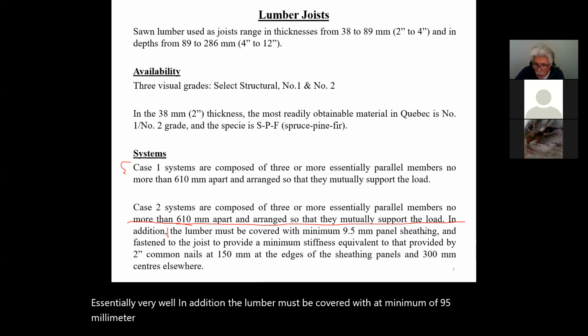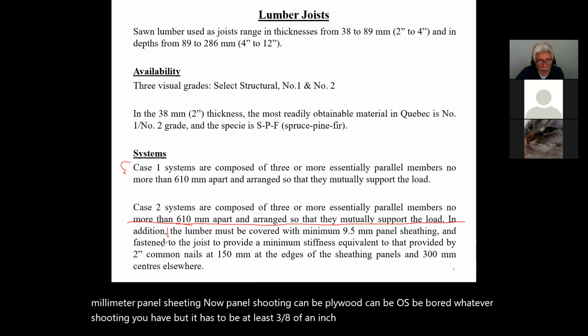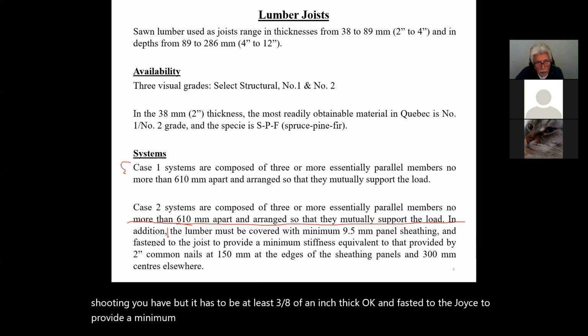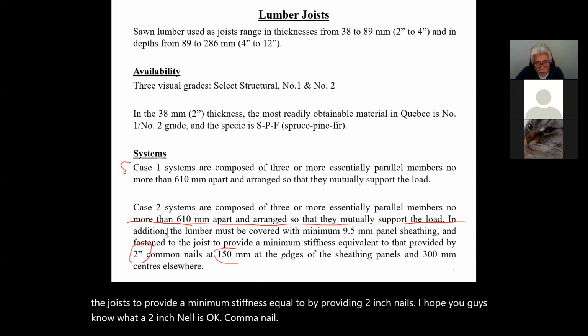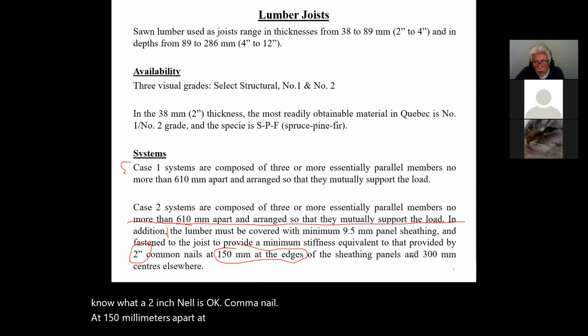Panel sheeting can be plywood, can be OSB board, whatever sheeting you have, but it has to be at least 3/8 of an inch thick, and fastened to the joist to provide a minimum stiffness by providing 2-inch common nails at 150 millimeters apart at the edges and 300 millimeters apart elsewhere.